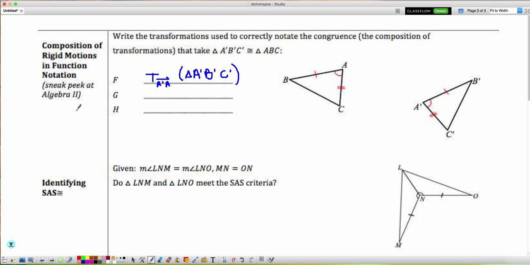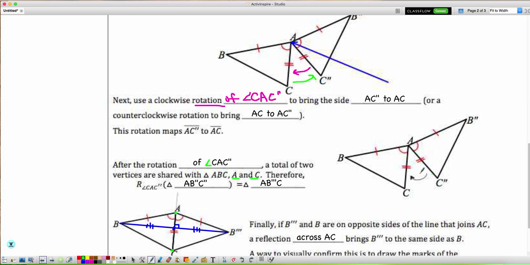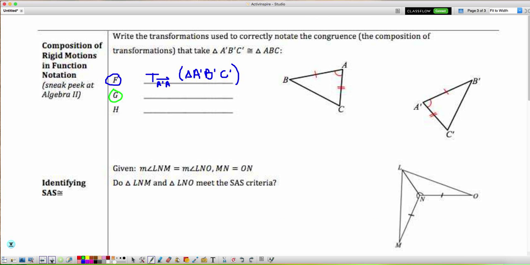Then after that, we're just going to name our transformation. This transformation, I'm just going to call it F. After that, my transformation G was really when I did that closing of the gap. So if I think back on this previous slide, I was closing this gap, and by doing that, I was really doing this transformation: the rotation of angle CA, C double prime.